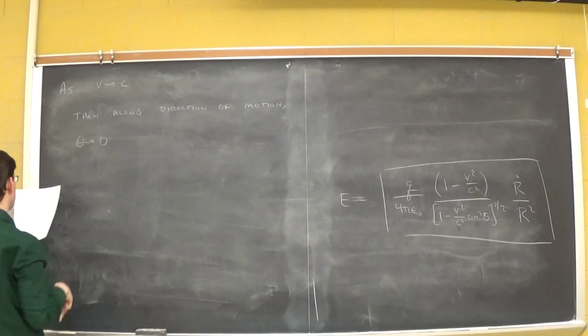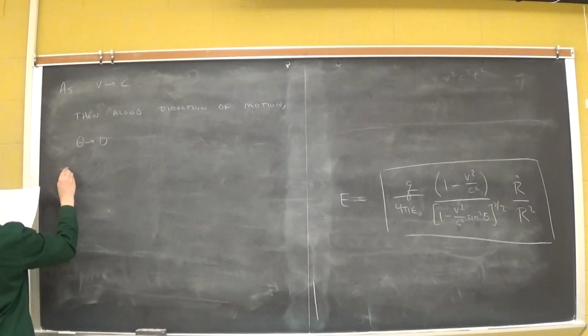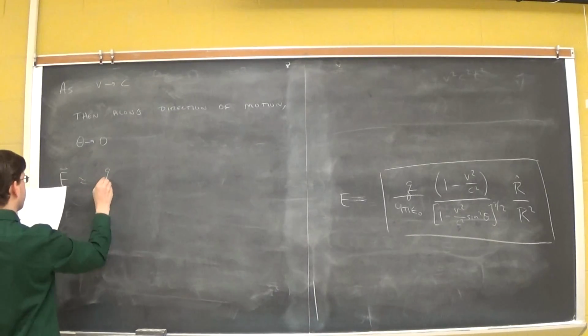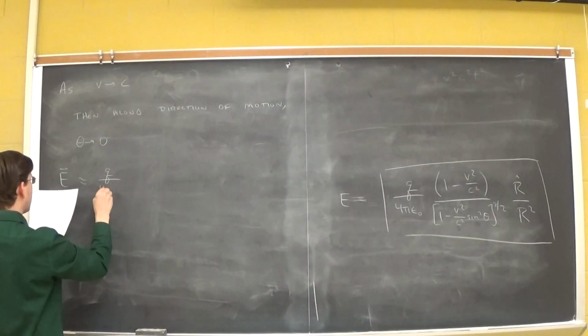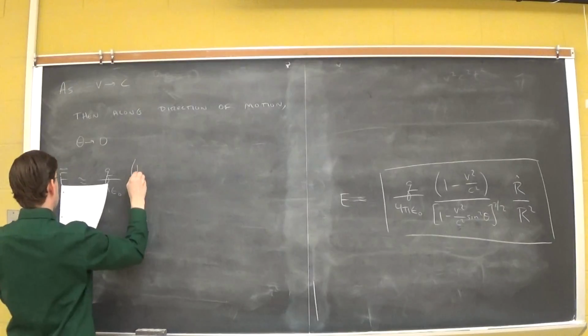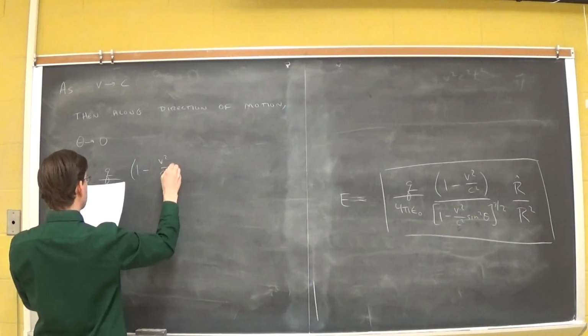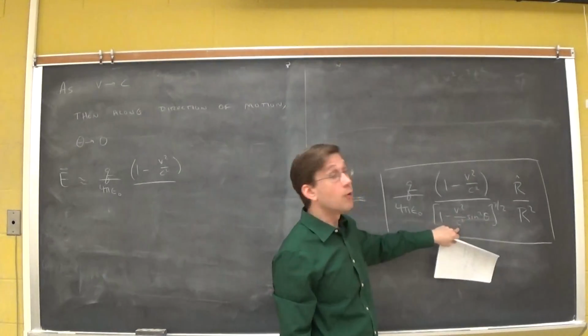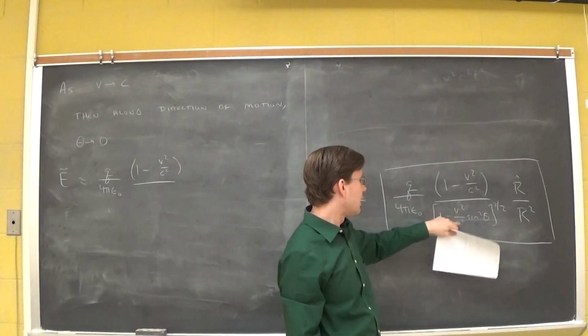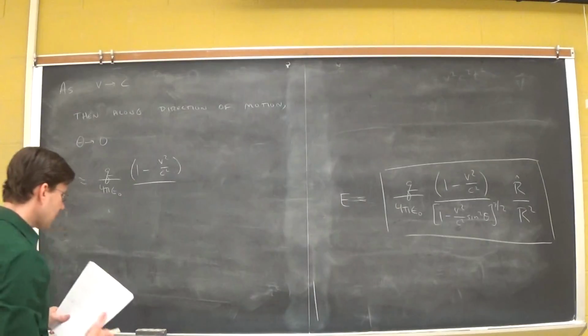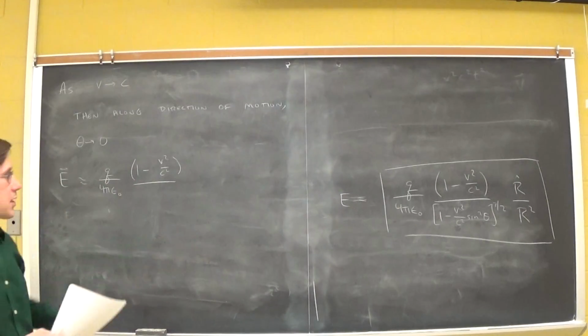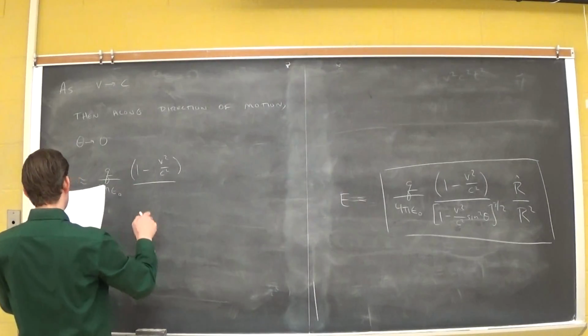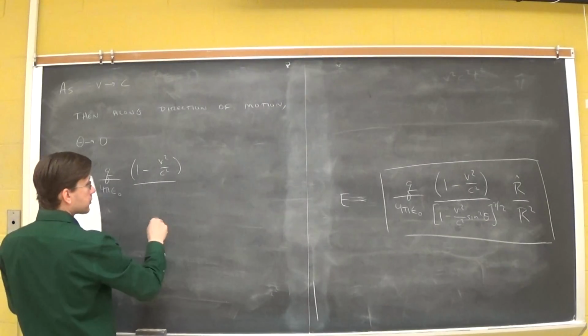So theta is going towards 0, and we have that the electric field is approximately q over 4 pi epsilon naught times 1 minus v squared over c squared. And hopefully theta is going to 0 faster than v is going towards c. So if we're really looking right along the direction of motion, this denominator just gives us a factor of 1.